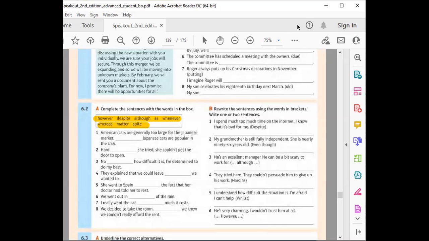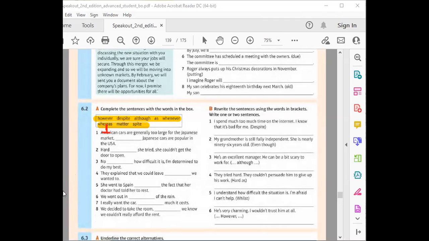What do you think, guys? Whereas. That's easy. Good for you guys. Whereas Japanese cars are popular in the USA. Okay. Tasneem, go ahead, please. You can take 2.